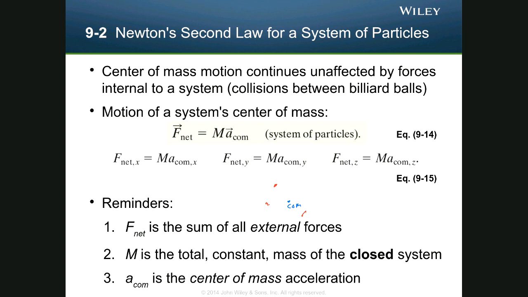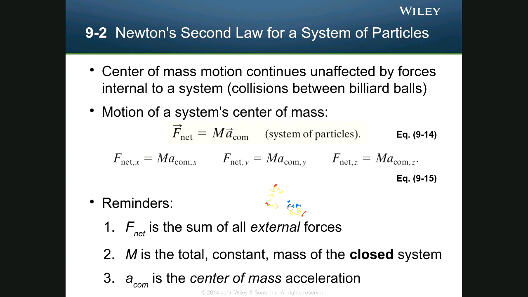a system. So that means there could be forces between each of these objects, the forces in yellow, right? So each of these objects could have internal forces to the system and cause them to move, but as long as those forces remain completely internal, the motion of the center of mass remains unchanged.